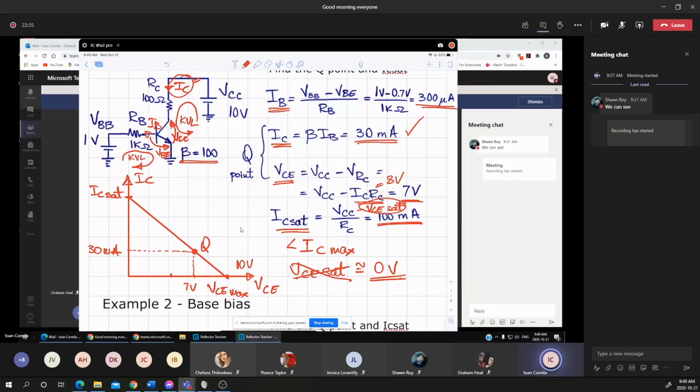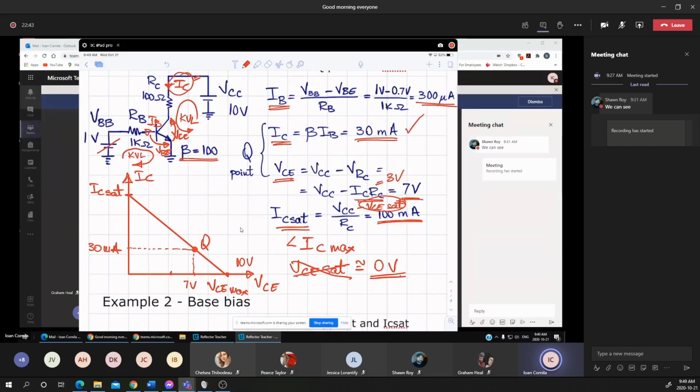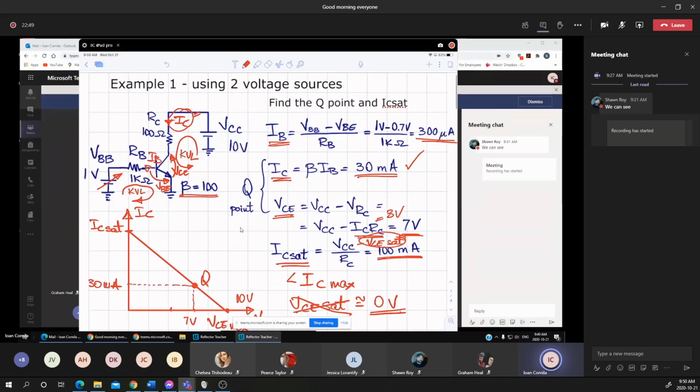Now suppose, and that's again the advantage of using this diagram, that I have a variable voltage source, and I'm changing it and trying to push the Q point closer to saturation.